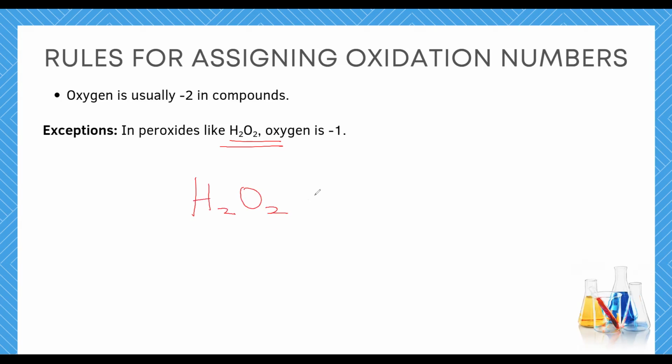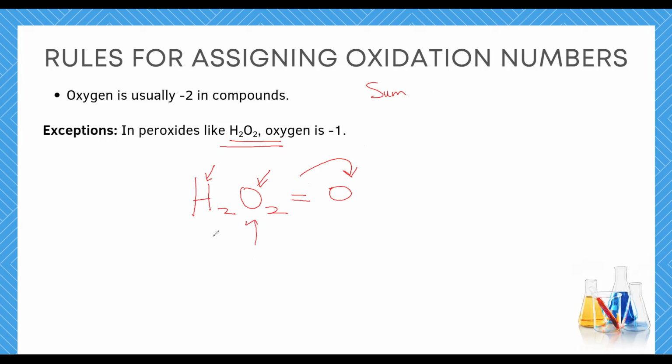Now, the rule that we just saw says that the sum of all the oxidation numbers in a compound is equal to 0. So when you add the sum of oxidation numbers here, everything is supposed to give you 0. So let's use that rule and calculate the oxidation number for oxygen.